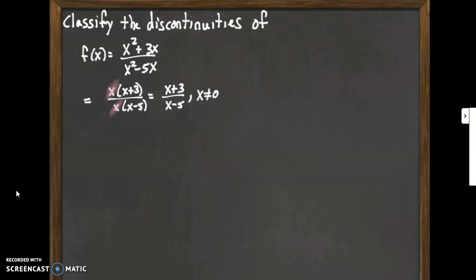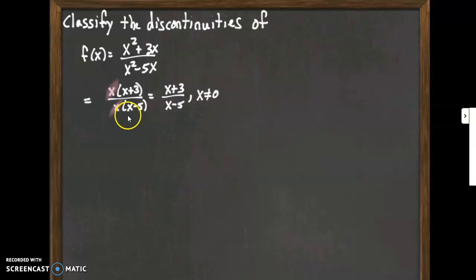Okay. So that's just rewriting my function. And now we can see the value that canceled out here. That kind of removed itself from the problem. And so that's a removable discontinuity. It's actually going to lead to a hole because you could compute that limit of the function, because the function doesn't care what's happening at 0 when you're taking a limit as x goes to 0.